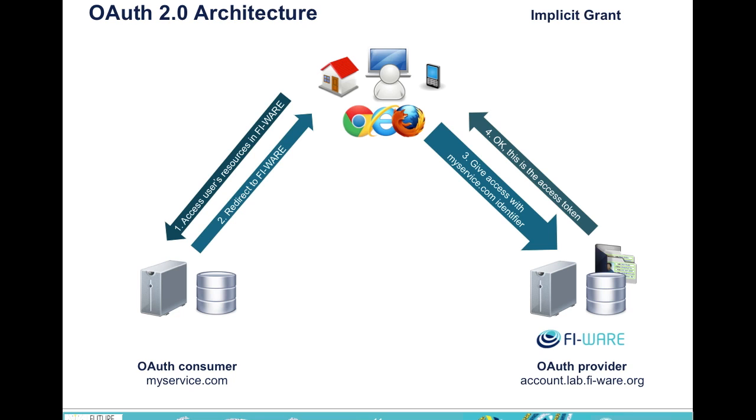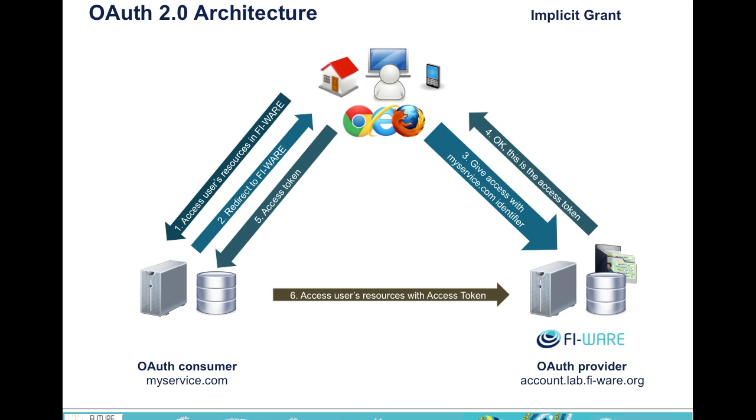The difference is that in the previous scenario, it generated a response code that was later used by the consumer to retrieve the final access token. Now, the access token is directly generated in this step, and the web browser will send it to the OAuth consumer through the second redirection. At this point, the OAuth consumer will use it to access restricted resources of the user.